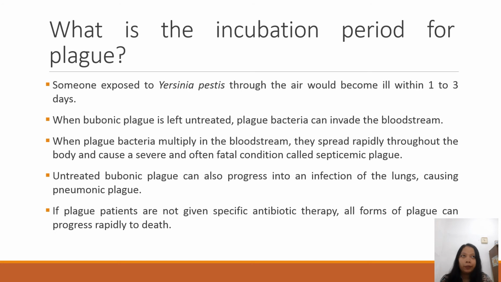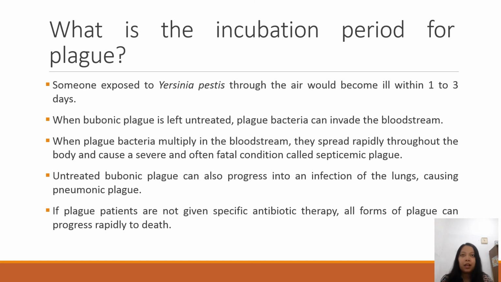And for the incubation period for plague, someone exposed to Yersinia pestis through the air would become ill within 1 to 3 days. When bubonic plague is left untreated, the plague bacteria can invade the bloodstream.